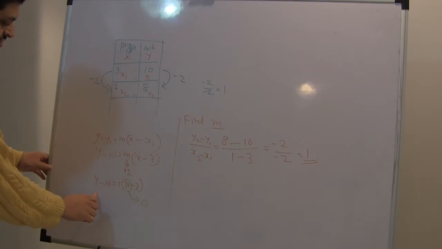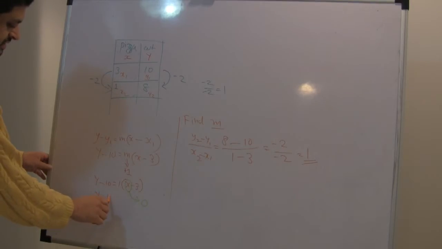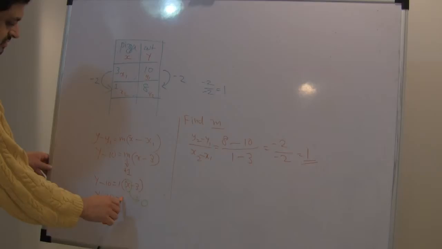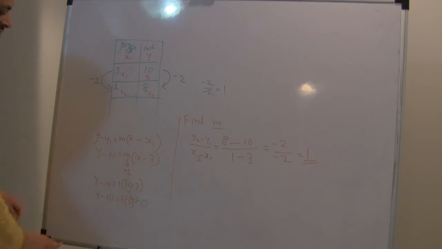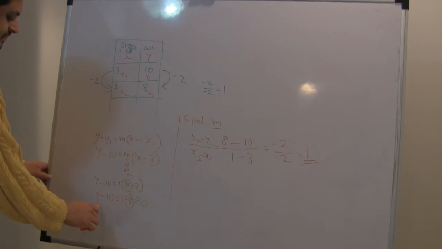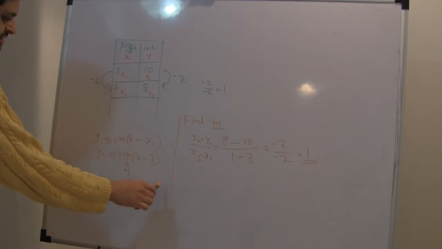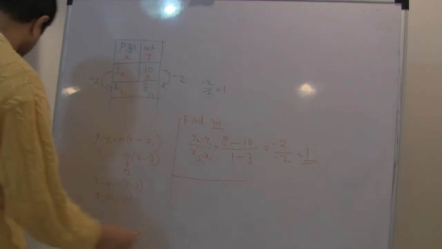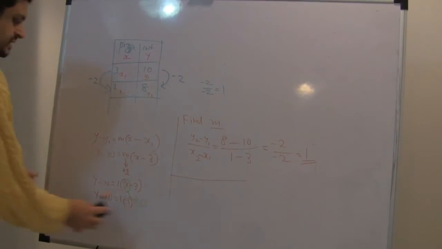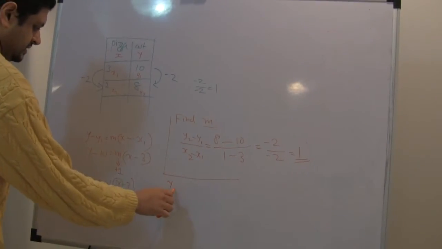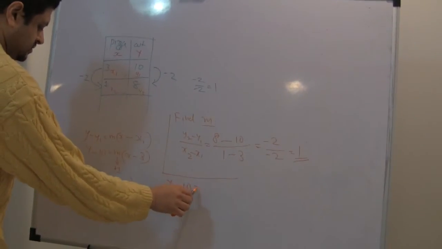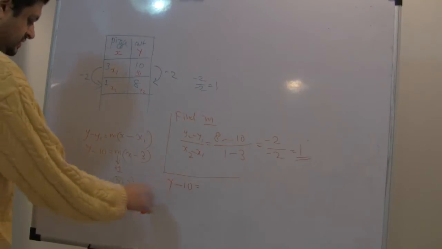So this equation becomes y minus 10 equals 1 times negative 3, because x minus 3 becomes 0 minus 3. So y minus 10 equals negative 3.